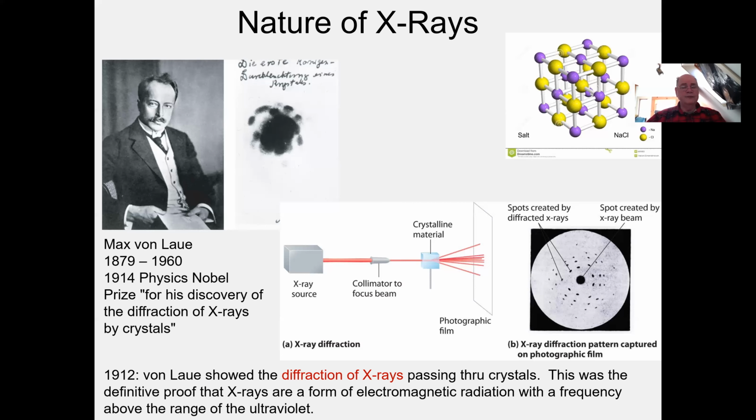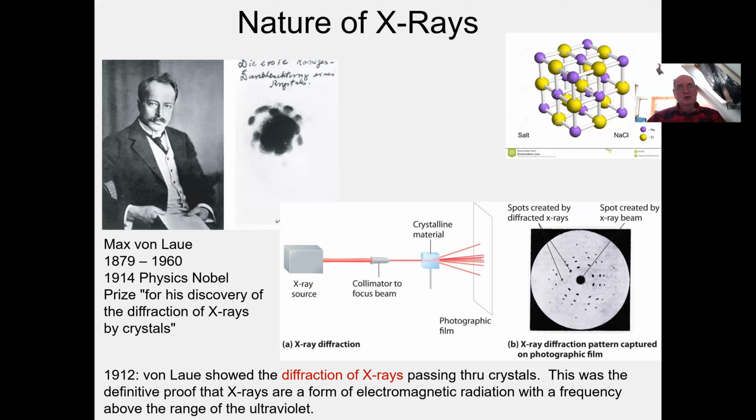End of story. If you're going to show diffraction and interference of these very, very short wavelengths, you're going to need a very, very tiny diffraction grating, like the one we talked about. You need those slits to be very, very close together.